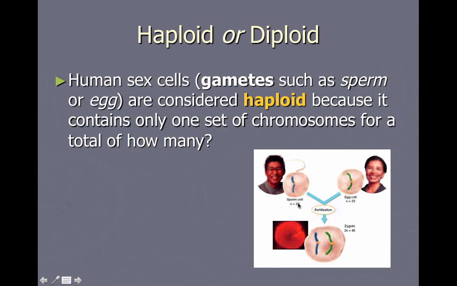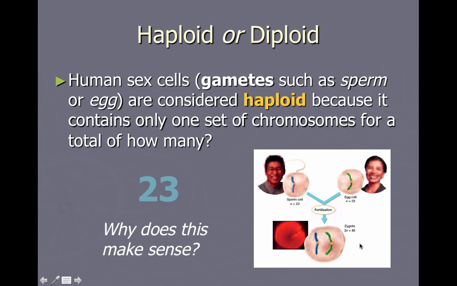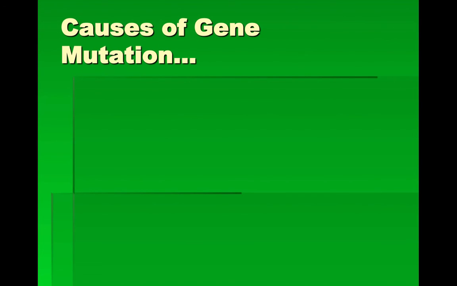Think of haploid rhyming with half, 23. Diploid sounds like double, so we can say n equals 23 and 2n equals 46. All your body cells, or somatic cells, have 46 chromosomes. Sperm cells and egg cells have 23. And that makes sense to make a normally functioning human being.